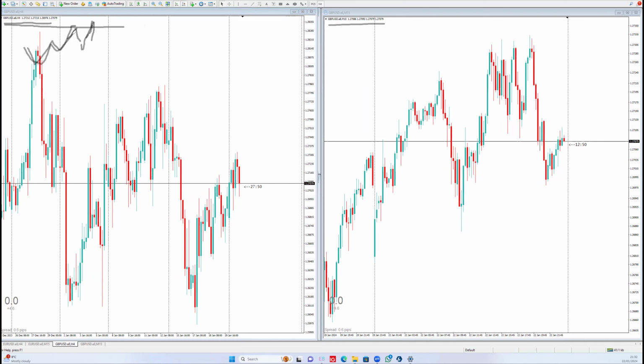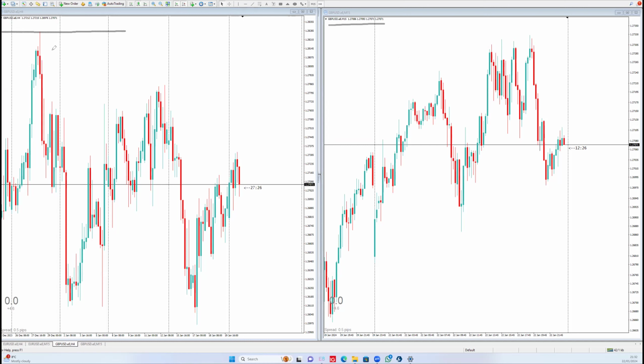So once I get first touch, second touch, I will be paying attention on my 15 minutes, looking for an entry to go short. As you can see here, something has happened in the past, as an example, and the market has returned to that area.